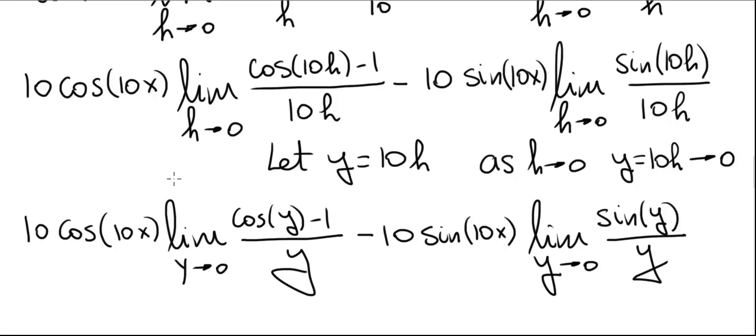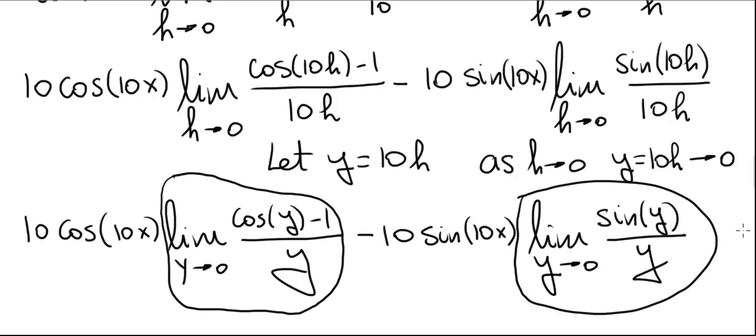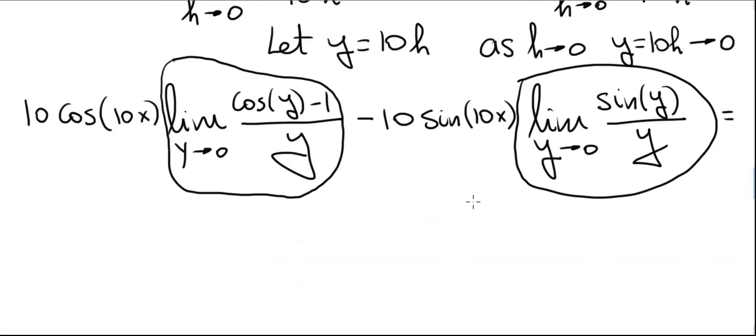And this limit is 0, and this limit is 1. So this is equal to 10 cosine of 10x times 0 minus 10 sine of 10x times 1, and the final answer is minus 10 times the sine of 10x.